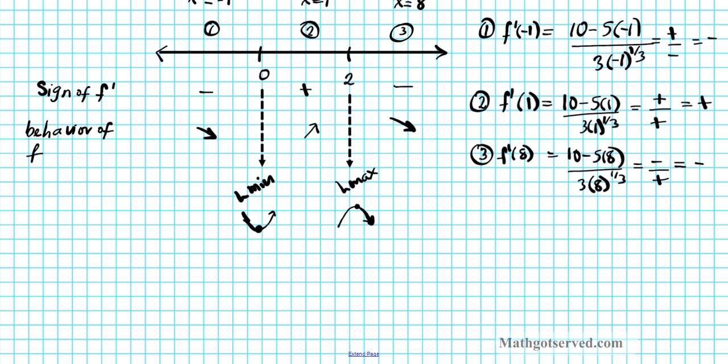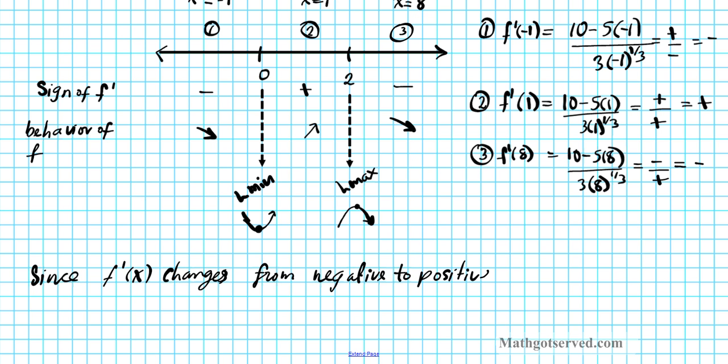All right, so we just have to find the local extrema. Let's go ahead and write down the explanation of our results. Since f prime changes from negative to positive at x equals 0, f changes from decreasing to increasing.